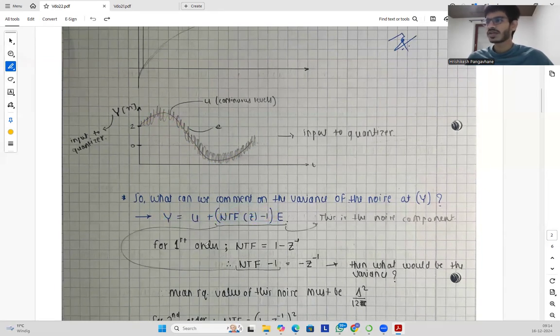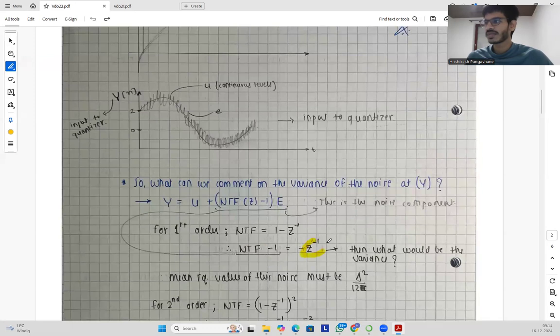For first order, our NTF was 1 minus Z inverse. So NTF minus 1 will be just minus Z inverse. And if NTF minus 1 is just minus Z inverse, then what would be the variance of this noise? The mean square value of this noise must be delta square by 12.